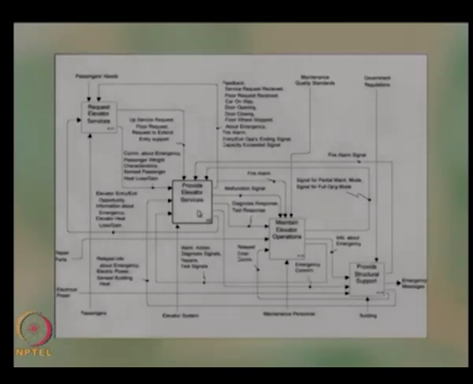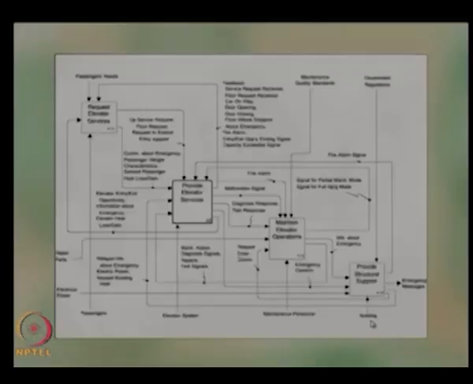The main system should satisfy the requirements of all these external systems. So through scenario tracing or scenario identification and input output trace, we try to identify the requirements of each external system, like passenger or maintenance personnel or building, and then we try to identify what kind of interactions are taking place between these systems.